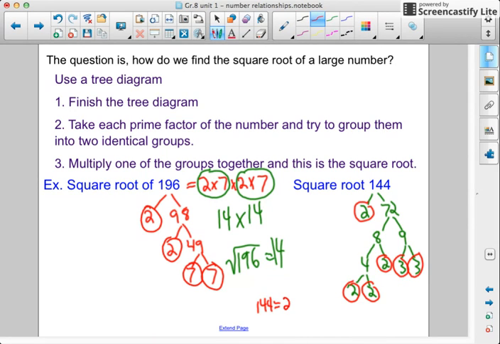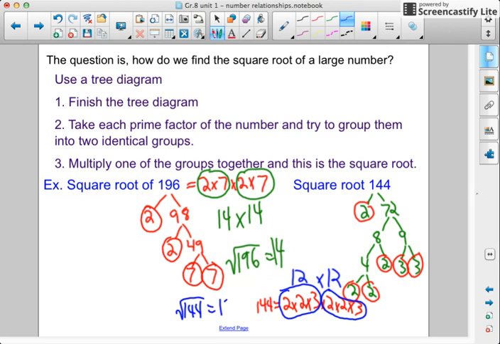So I'm going to go 2 times 2 times 3 times 2 times 2 times 3. So now I'm creating two identical groups here of prime factors. So 144 would actually equal 12 here times 12. So the square root of 144 equals 12.